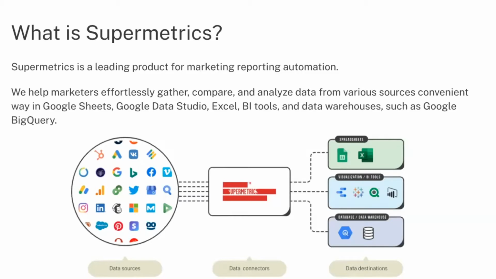So basically, we help marketers effortlessly gather, compare, and analyze data from various sources conveniently in Google Sheets, Data Studio, Excel, BI tools, and data warehouses, such as Google BigQuery. So if you want to create a report, say in spreadsheets, where you would combine different data from, say, Twitter, Facebook, Bing, Pinterest, etc., you can easily use Supermetrics and get all the data you need to create reports in the tools you're already using.